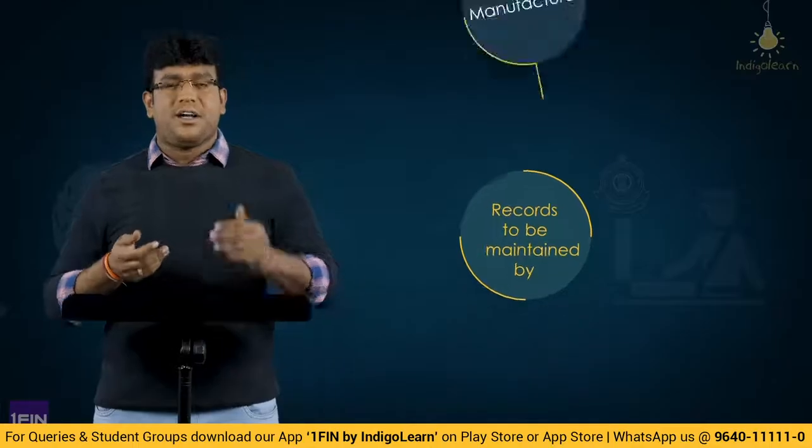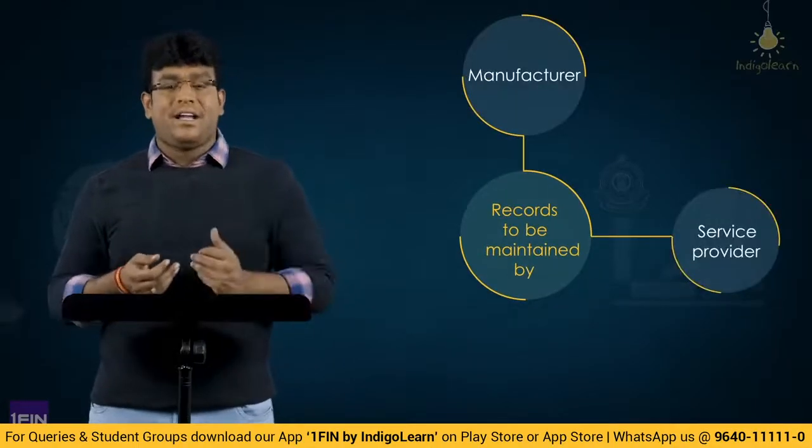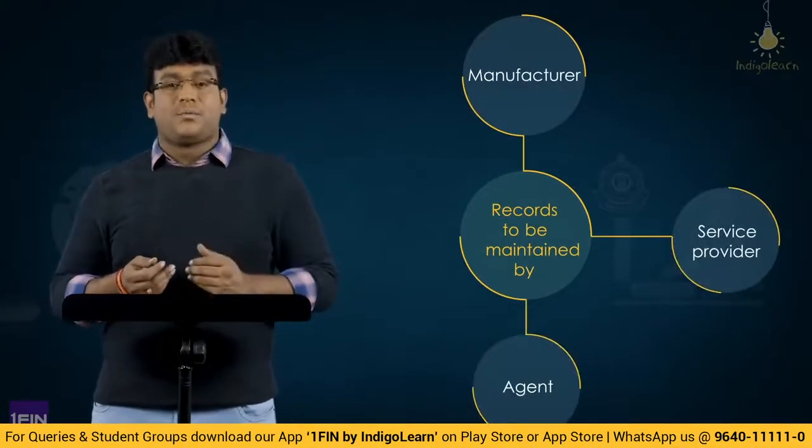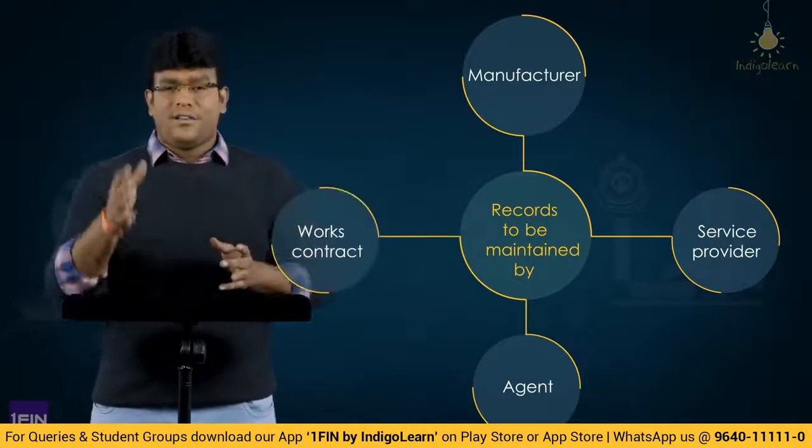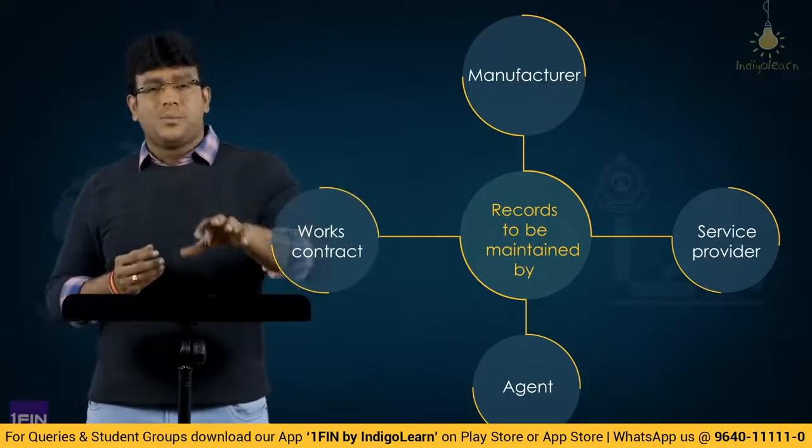And as we discussed already, my dear friends, all these accounts and records, whatever we discussed so far, to be maintained by the manufacturer, service provider, agent, and just now we discussed the concept of a person executing a works contract. All these records, whatever we are discussing, it's not that they should be maintained in physical form only. There is also a possibility that records may be maintained in electronic form.